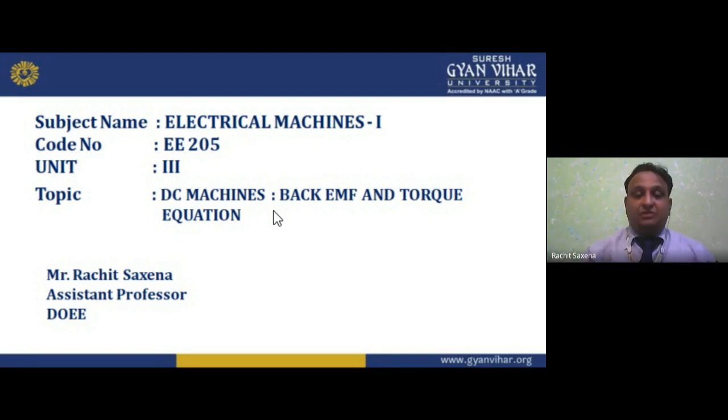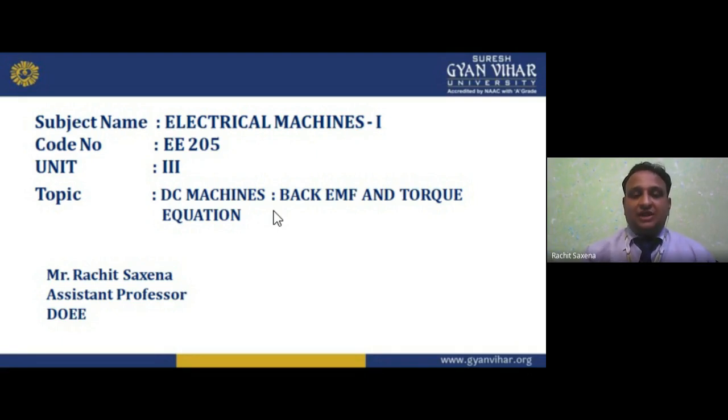Here, in Electrical Machine 1, as per my lecture series, the first unit dealt with the magnetic circuit and magnetic field. In that, we studied flux lines, density, intensity, and the curve drawn between density and intensity, known as the BH curve, the hysteresis curve.